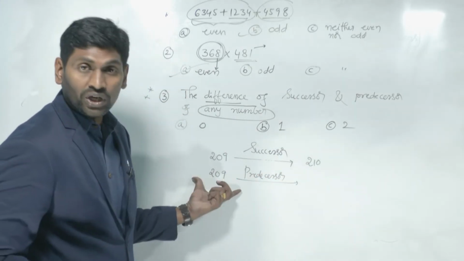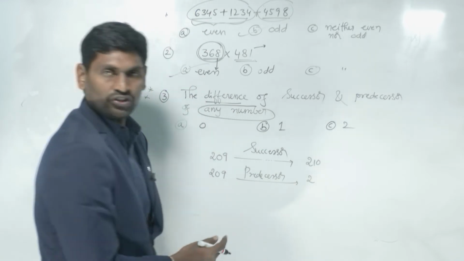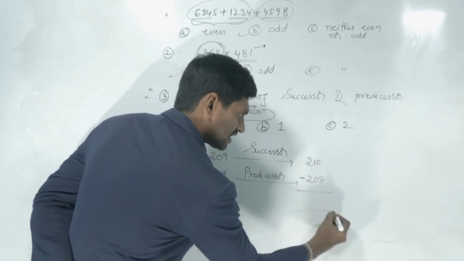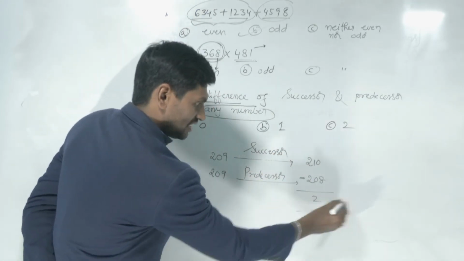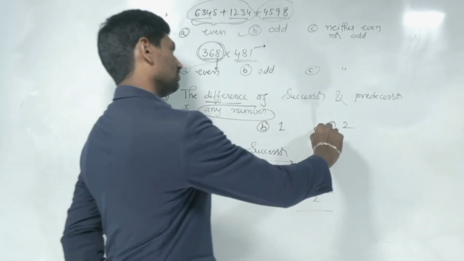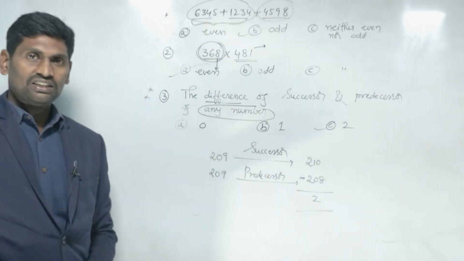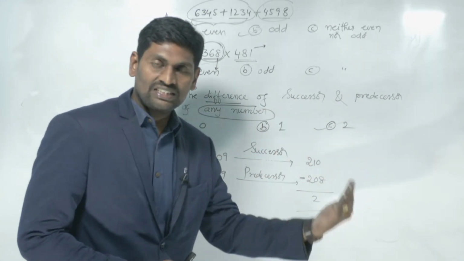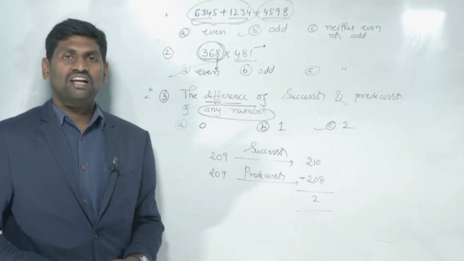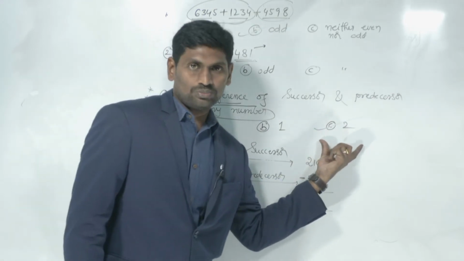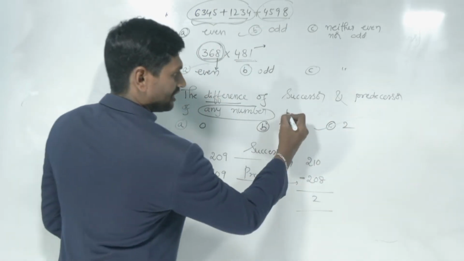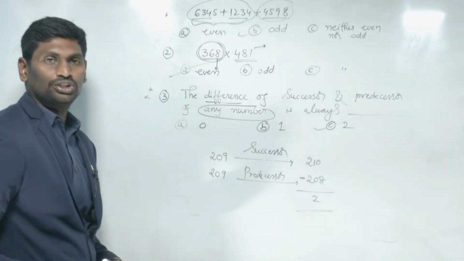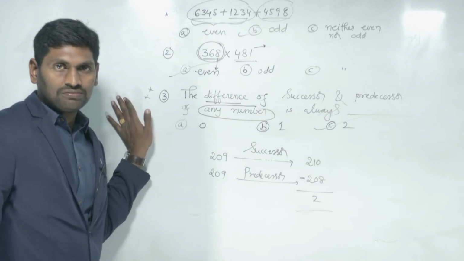What is the predecessor of 209? The immediately before number, 208. Difference means subtraction. What is the answer? 2. So if you take any number, the difference of its successor and predecessor is always 2. Okay, no?